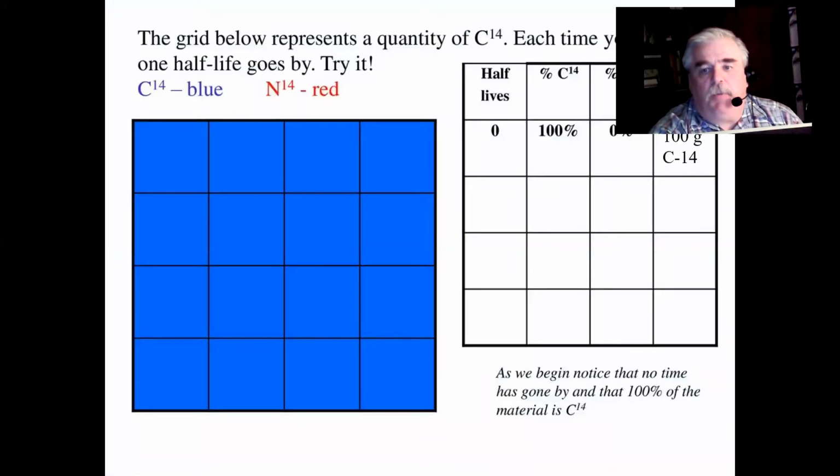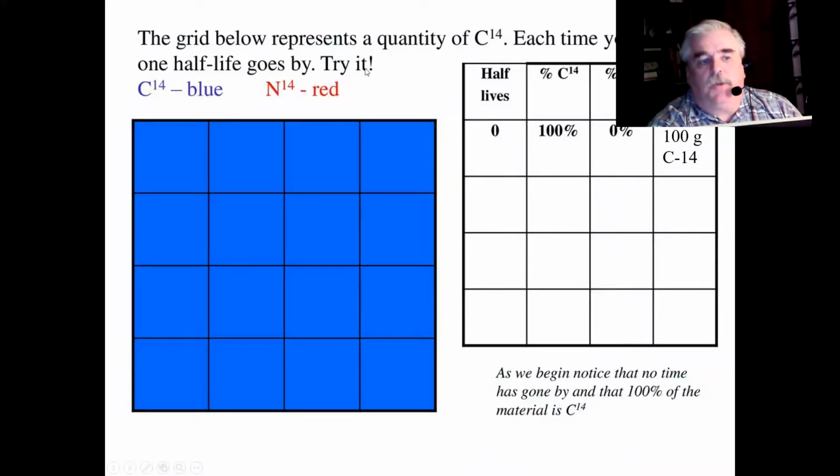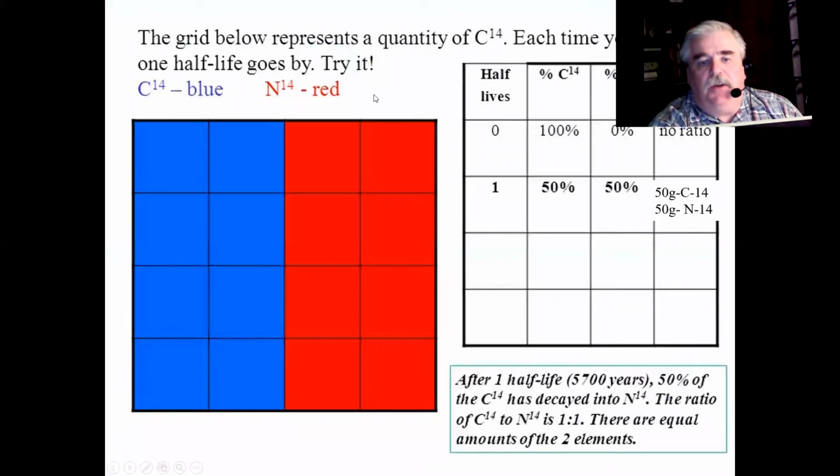Here's an example. Carbon-14 is in the blue, nitrogen-14 is in the red. We take one half-life, 5,700 years, and we end up with 50% of the carbon-14 left, 50% of the nitrogen-14. If we had 100 grams to start, we'd have 50 grams of each.